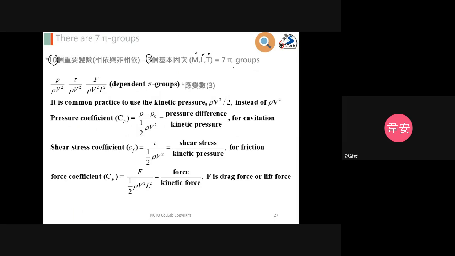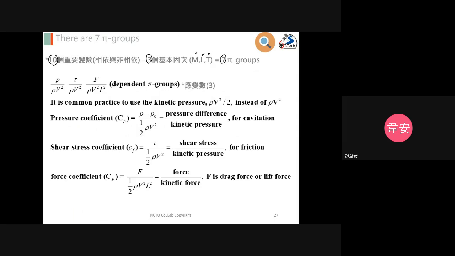So we will result in 7 pi groups. The following slide just introduces the 7 pi groups and later the physical meanings of the variables.